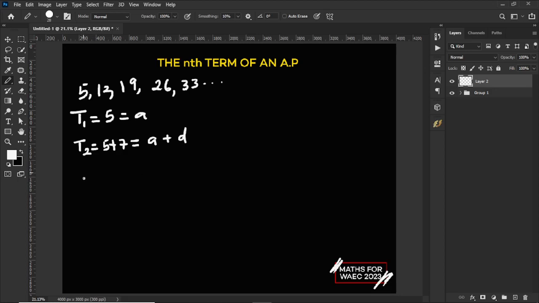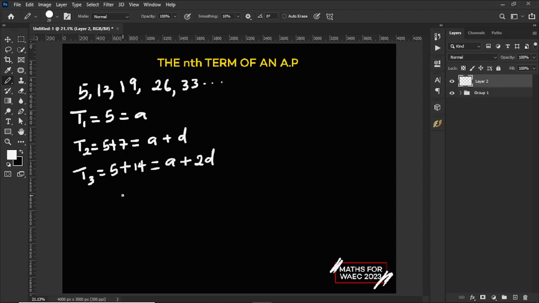When you look at the third one, we have 5 plus 14, that is A plus 2D.